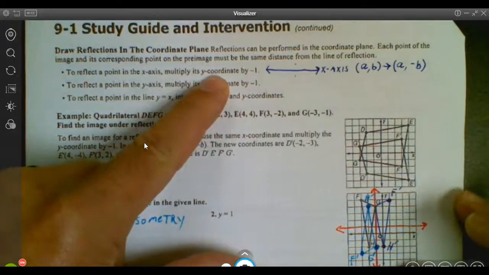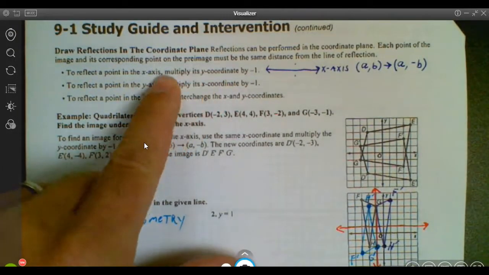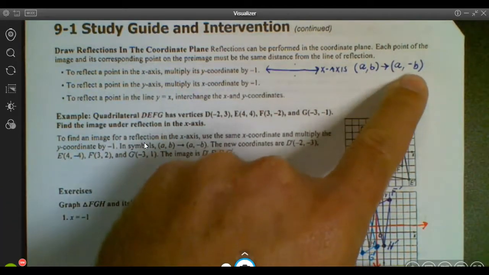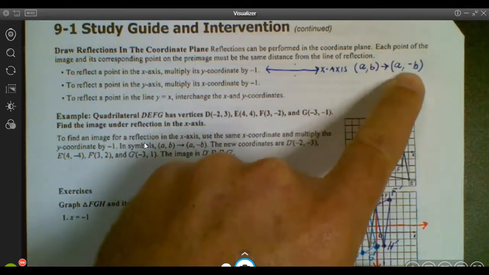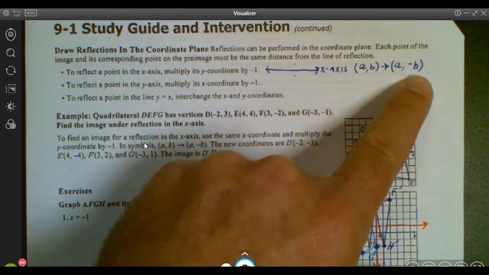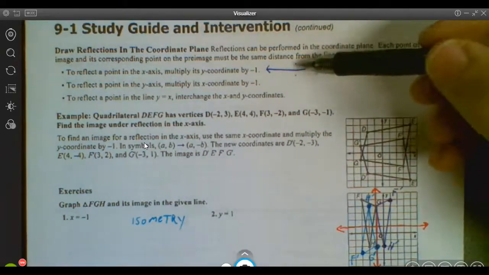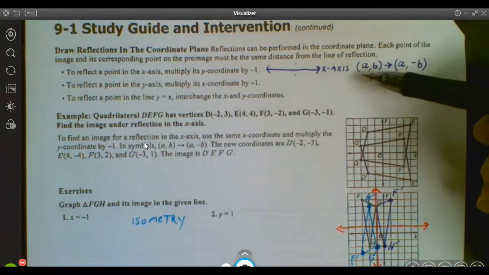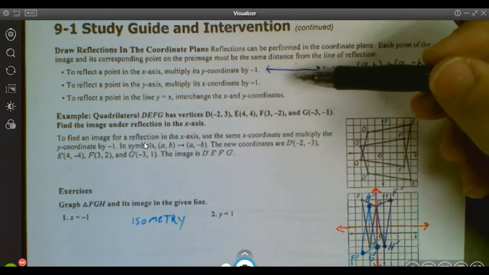So anytime we want to simply use a rule to reflect a point across the x-axis, all I really have to do is change the sign of my y-coordinate, right? So if this value was positive, it's going to become negative. If it was negative, it would become positive. The A value doesn't change, right? Because all I'm doing is moving up and down, so it only affects the y value. The x value is unaffected because I'm not going left or right. This is going up or down.